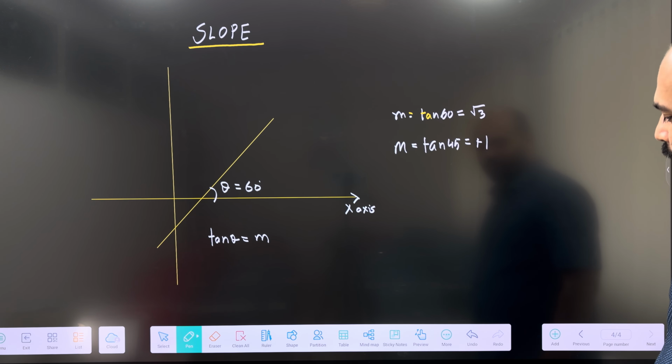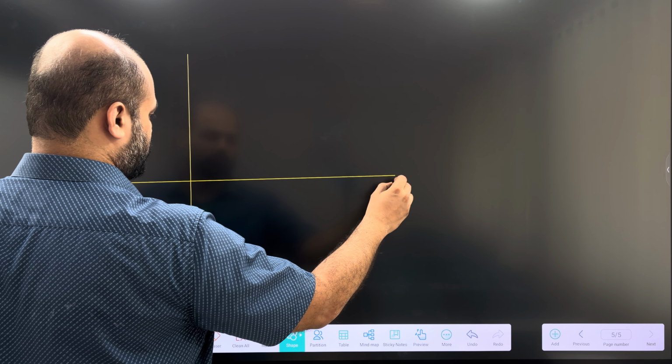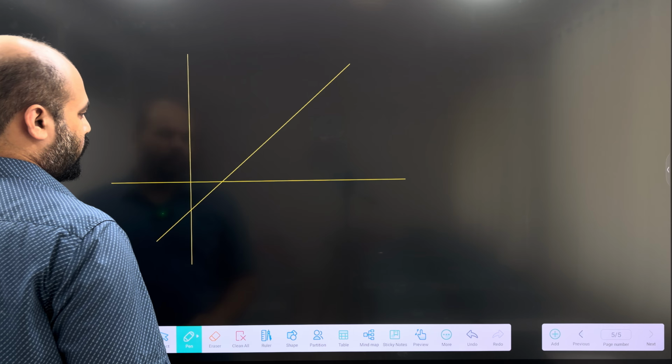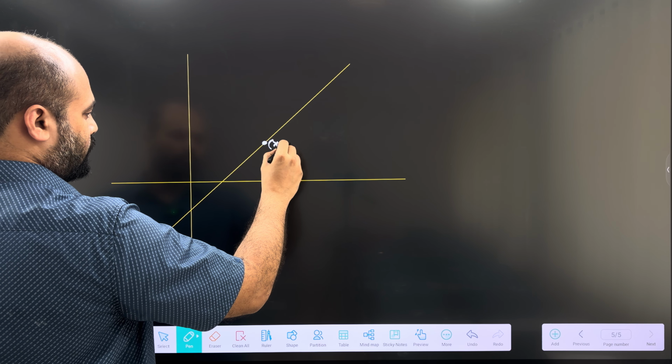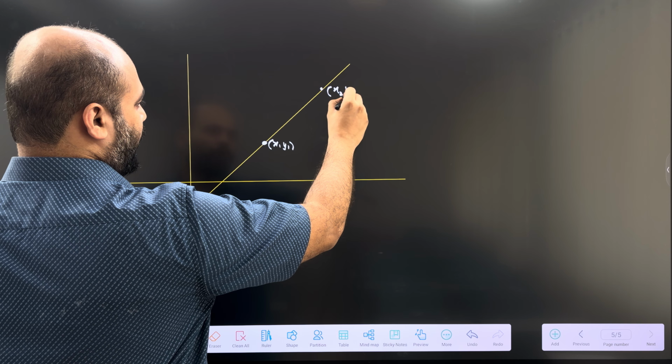The other way to look at it is, suppose we have a straight line. So let us say we have got 2 points, x1, y1, and there's another point, x2, y2.